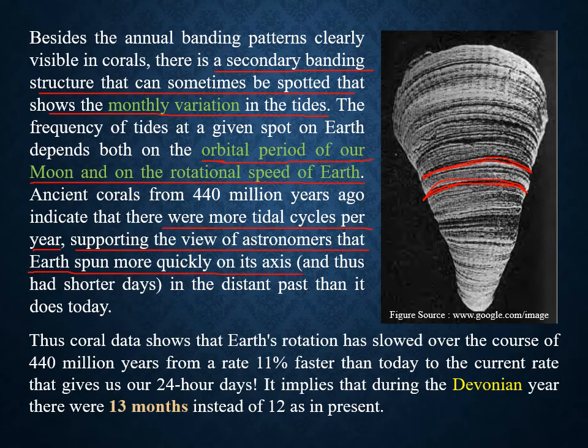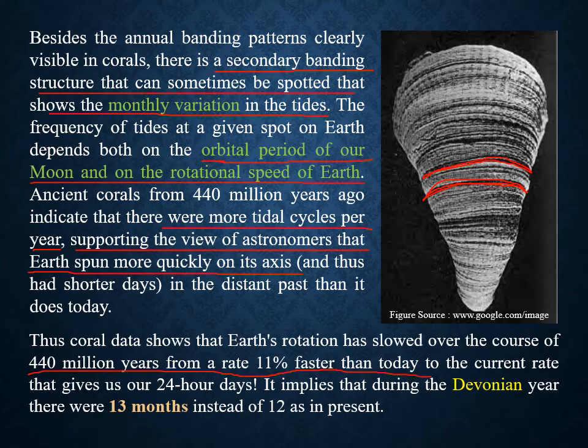So the duration of day during Devonian time is much shorter compared to the duration during present day, about 24 hours. So it was estimated that 440 million years ago, Earth spun around its own axis at a rate 11% faster than today.